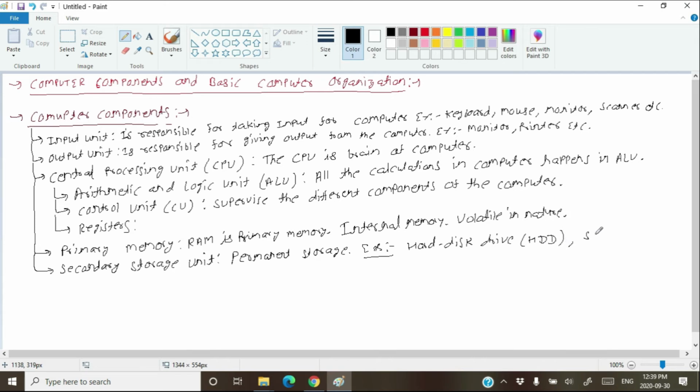The second example is solid state drive, that means SSD. That's how the hard disk drive and the solid state drive are various examples of secondary storage unit.